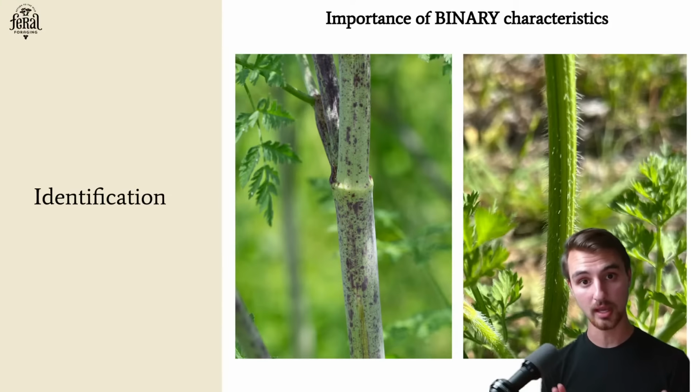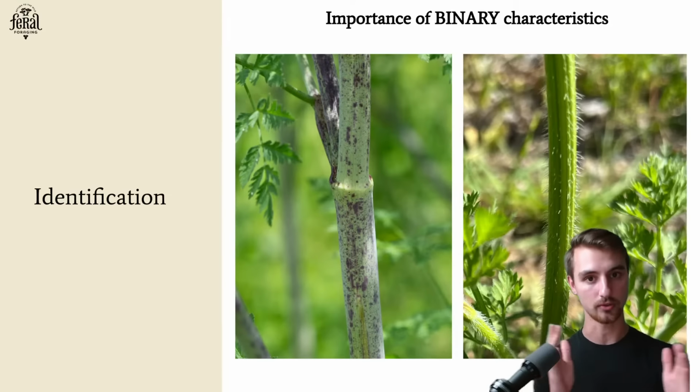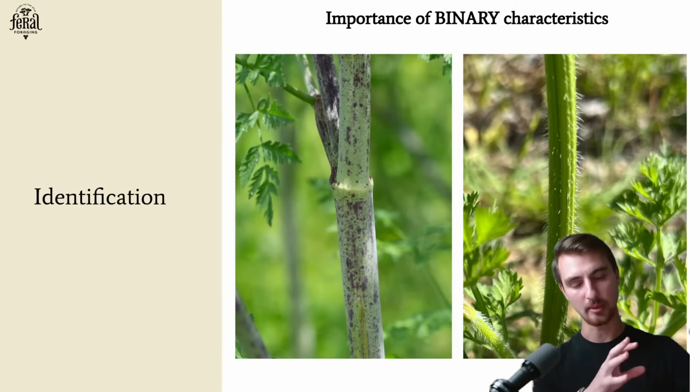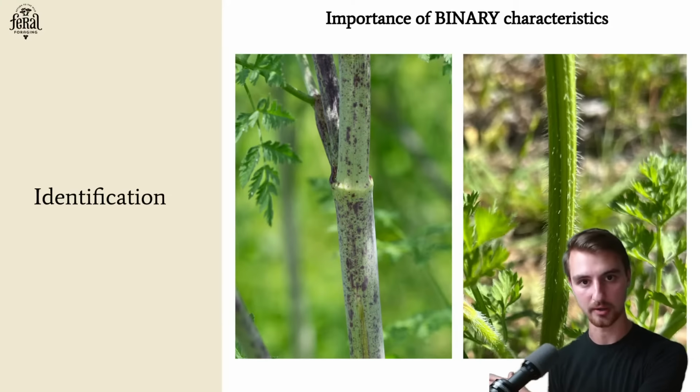This is a good characteristic to use if we're trying to distinguish wild carrot from poison hemlock. However, let's pretend that we're in a world where one of them was a little bit hairy, and the other one was really hairy. It's no longer a binary characteristic. Now it's existing on a spectrum, where we have really hairy on one part and then a little bit less and a little bit less on the other part.